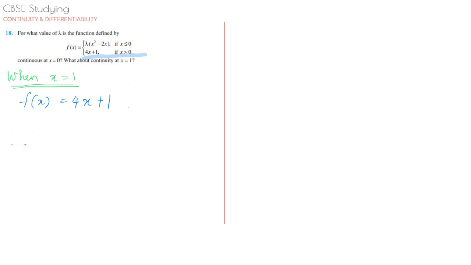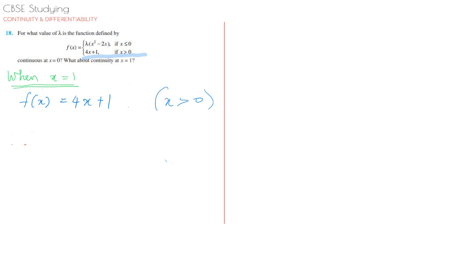This is the function for all values that are greater than 0, right? So for values lesser than 1, this will also be the function, because x is greater than 0. For values greater than 1, this is also going to be the function. And for values equal to 1, this is also going to be the function. Since this is a polynomial, it is going to be continuous.